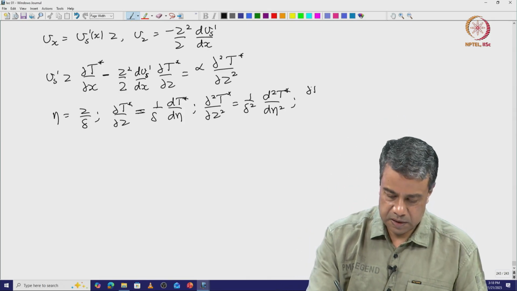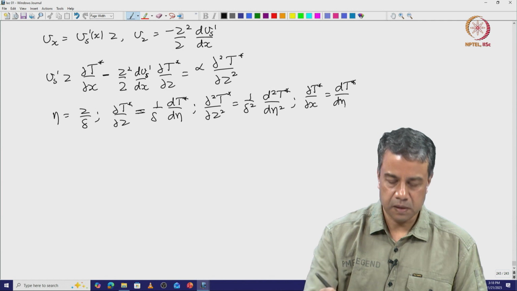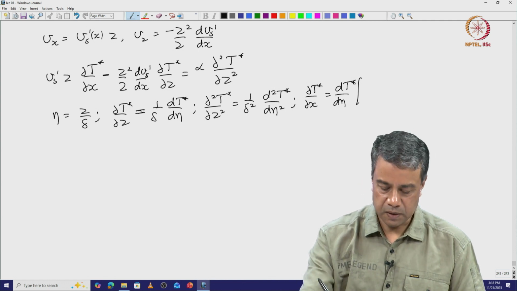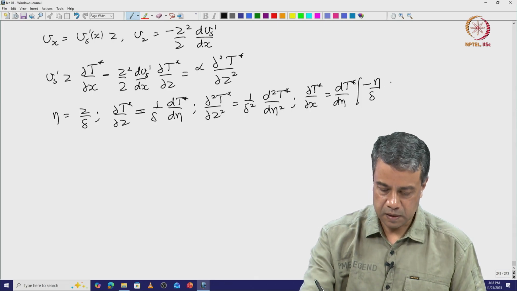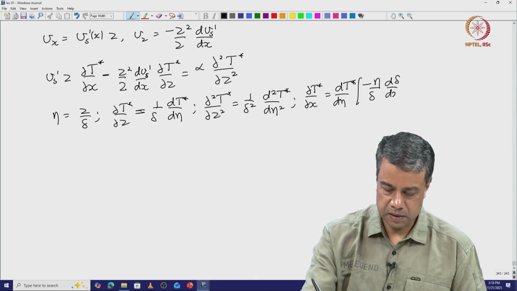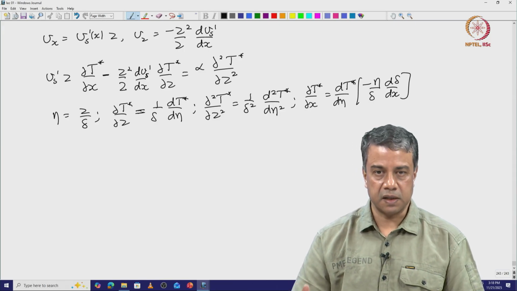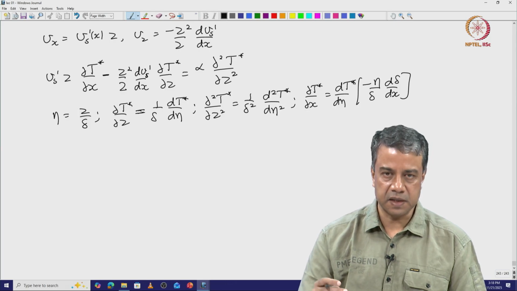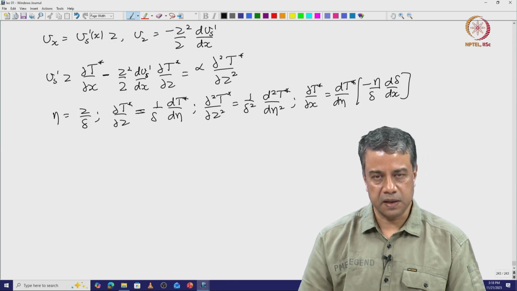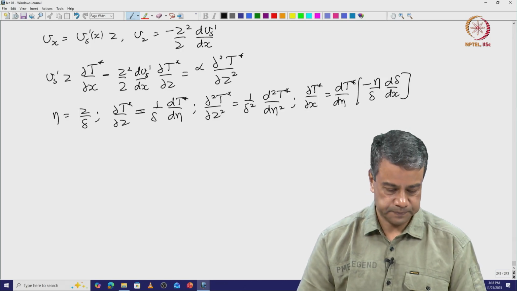And partial T star by partial x is equal to dT star by d eta times, if you recall, minus eta by delta d delta by dx. Because the derivative of z by delta is minus z by delta square d delta by dx, and z by delta square is the same as eta by delta.